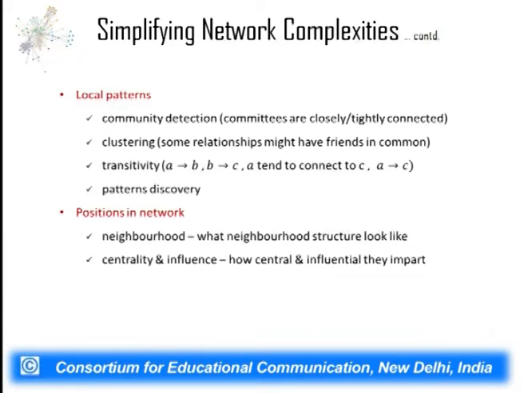Cliques, as we know, are subgraphs in which all the nodes are connected to each other. They are tightly coupled. We also check what type of triads, how many triads there are, and whether a transitivity relation is there or not.